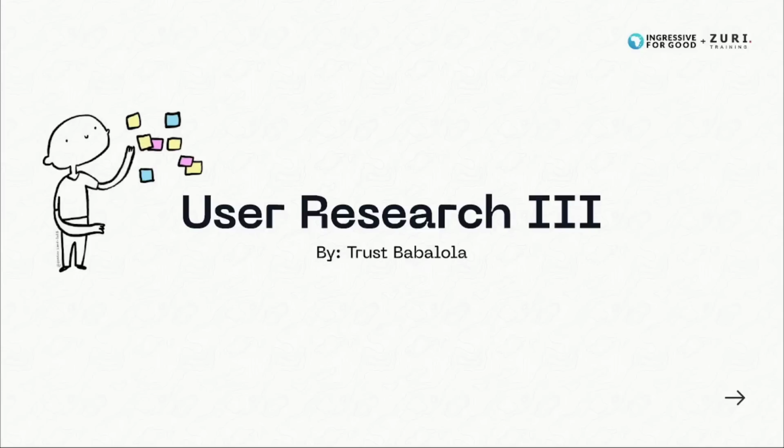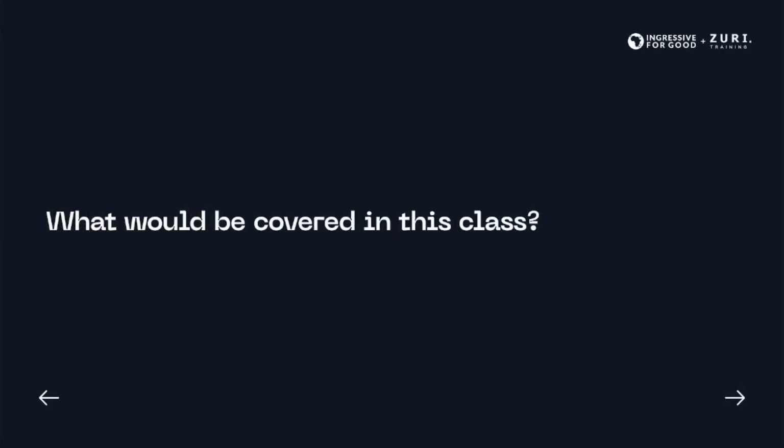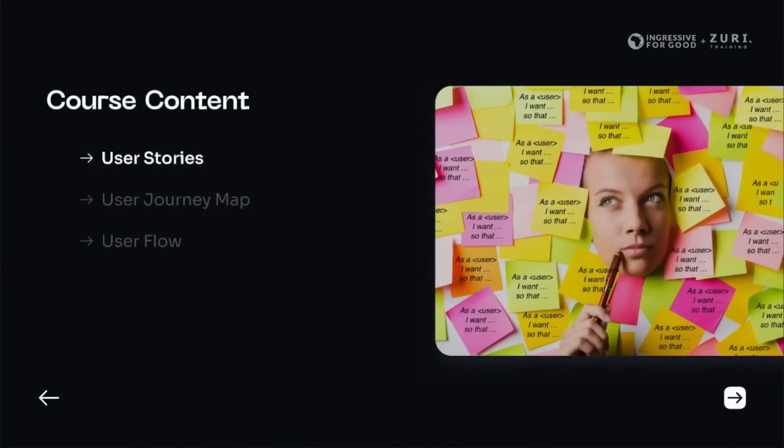In this part of the course, we'll continue to explore some of the ways UX designers build empathy with the users of the product they're designing for. We'll start with user stories, which are fictional one-sentence stories that connect the needs of a potential user to a specific action and benefit.